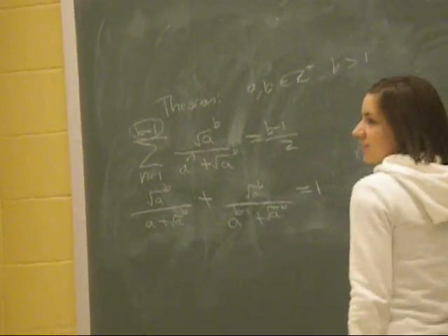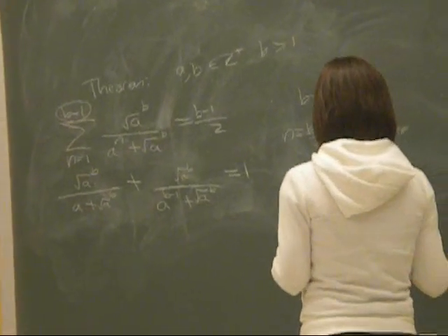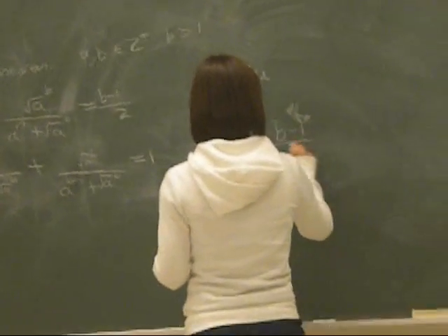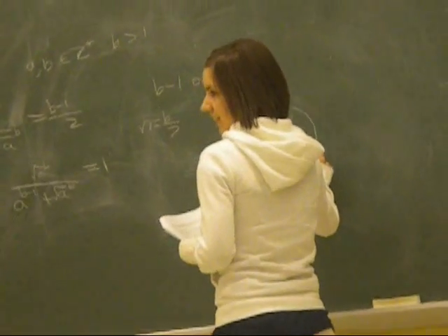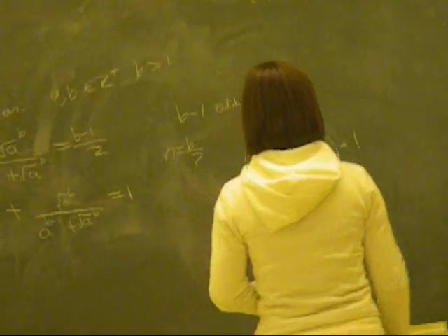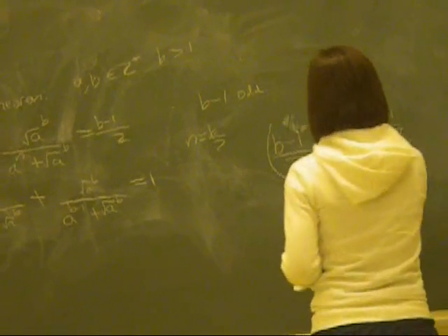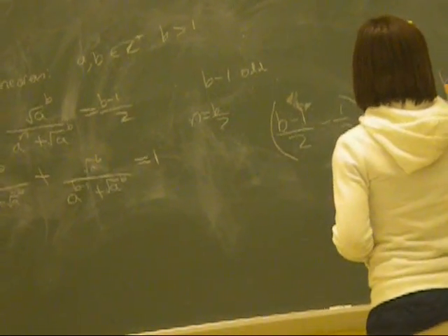So this extra term will always be 1/2. So we have b minus 1 over 2 minus 1/2 of these terms that each total to 1. So we multiply by 1, or plus the term that always equals 1/2. This gives us b minus 1 over 2.